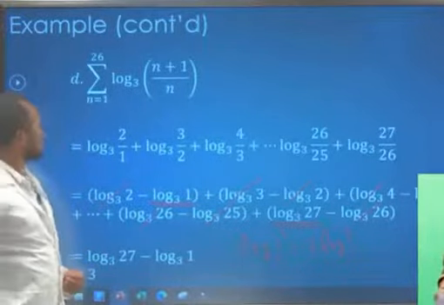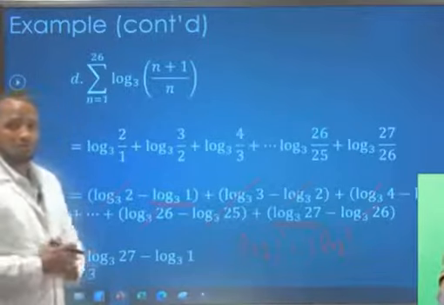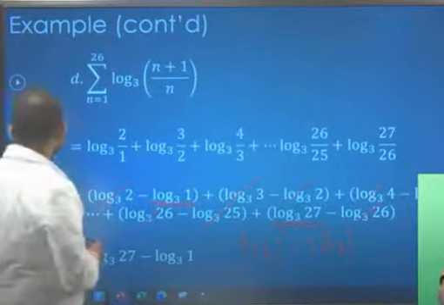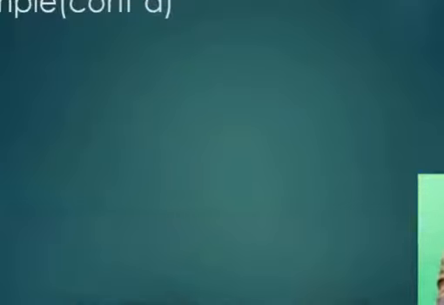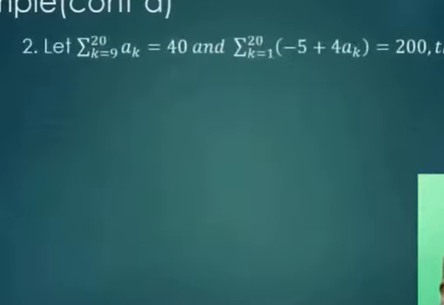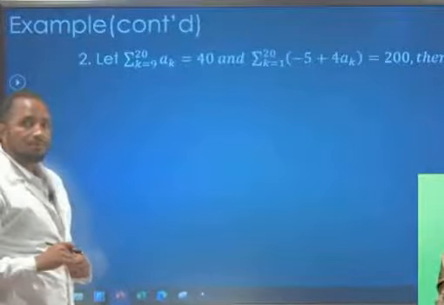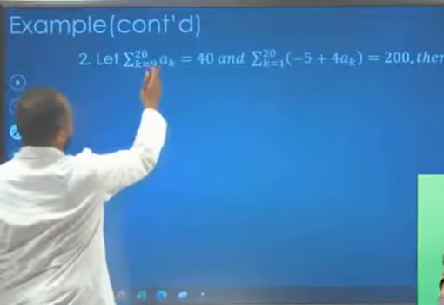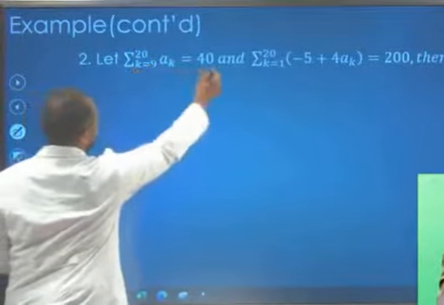So this is it. Now let's see one more additional example for this property of summation notation. Now let's see this one. Let the summation of a_k where k starts from 9 up to 20 be given.